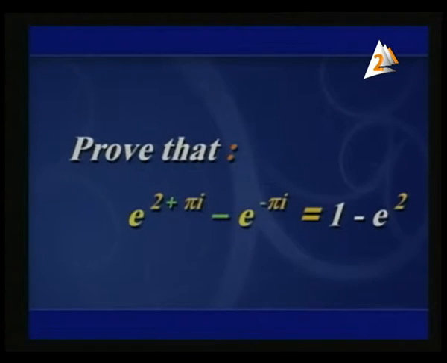Prove that e power 2 plus pi i minus e power negative pi i equals 1 minus e squared. Solution.